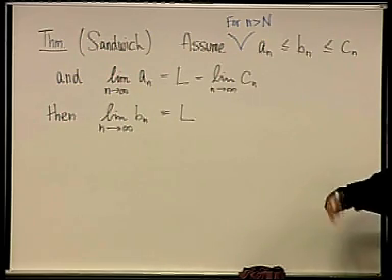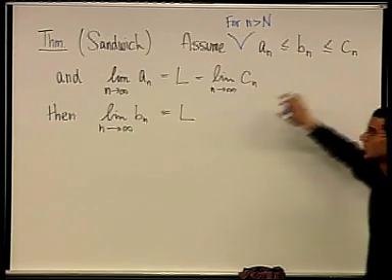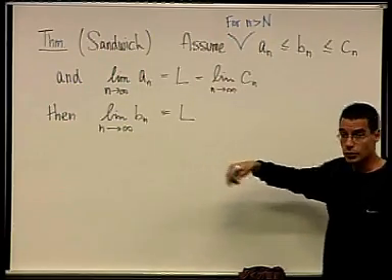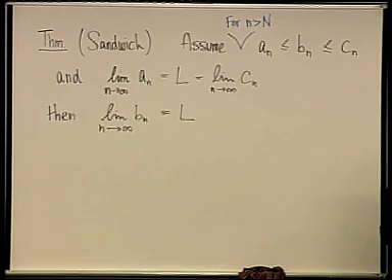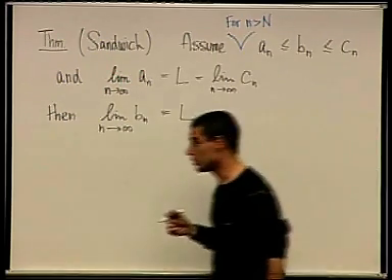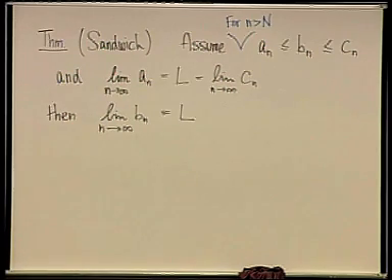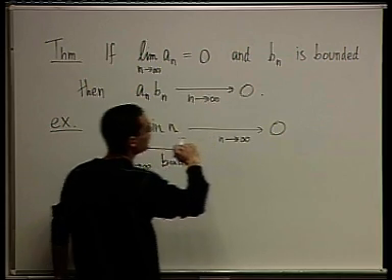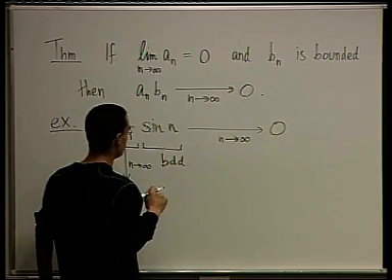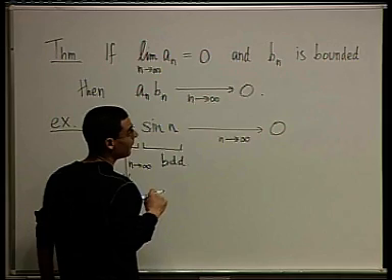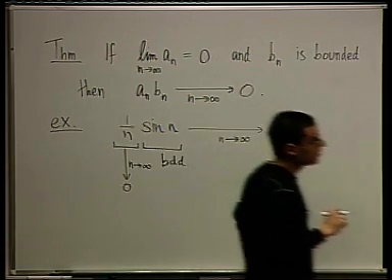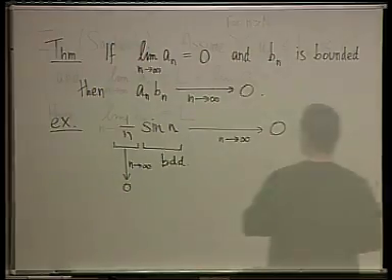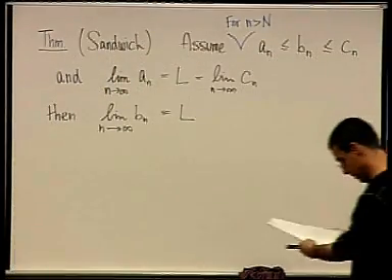If starting at some index they obey this, then the limit phenomena, and that's what this theorem is about, don't mind what happened at the beginning. We can add that to the previous theorem too. So here, if the limit of AN is 0, and Bn is bounded, that's okay, so there's no real place to add it here. So maybe this is the first place where it makes sense. Okay, good.